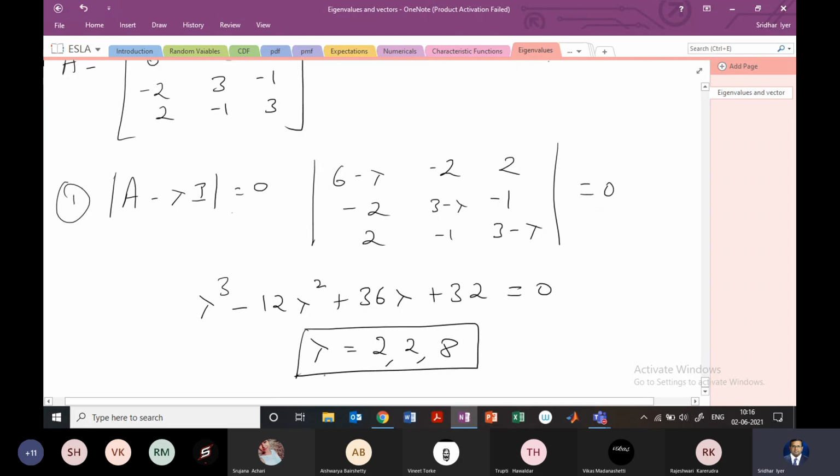Did you get that answer for lambda? Anybody? Have you solved this?